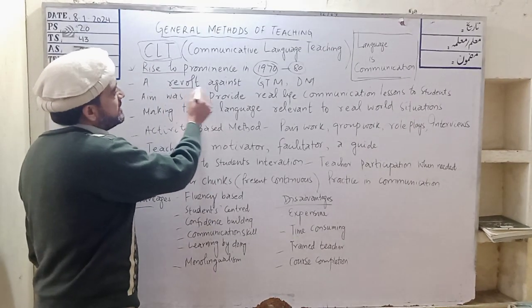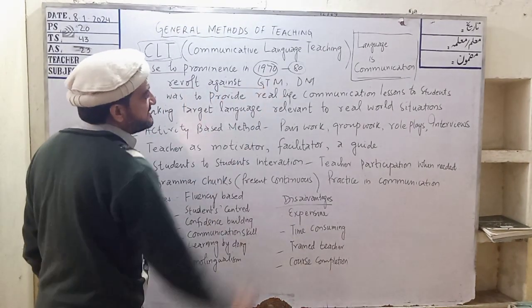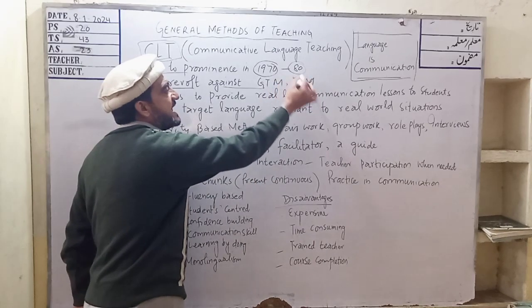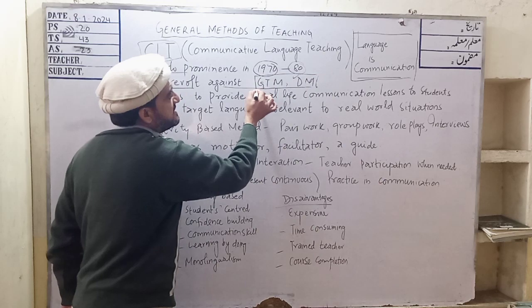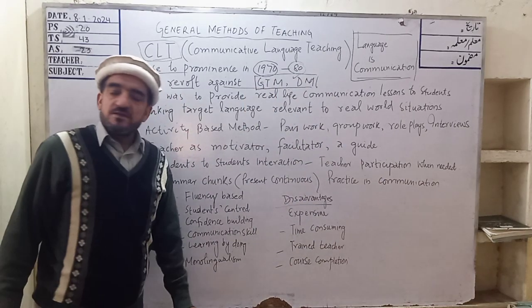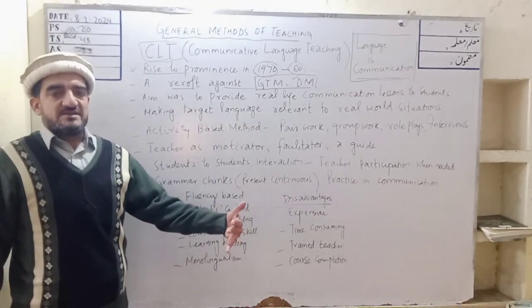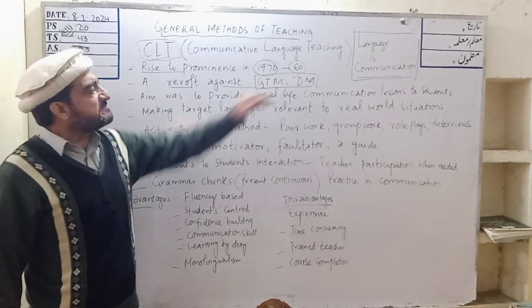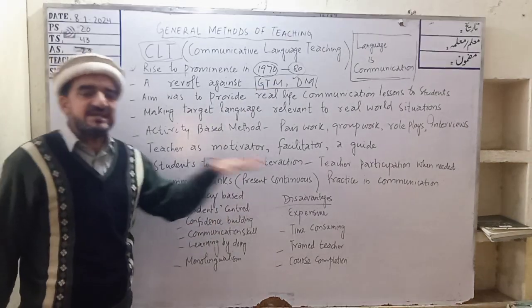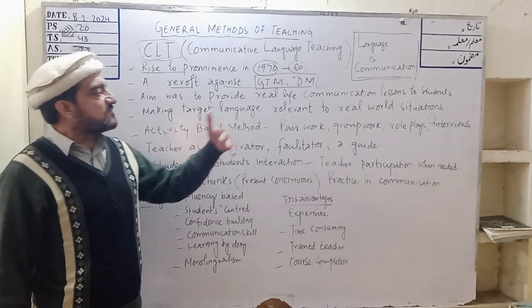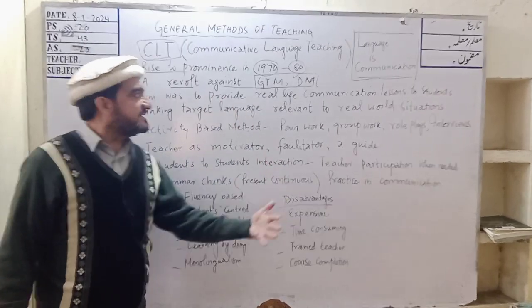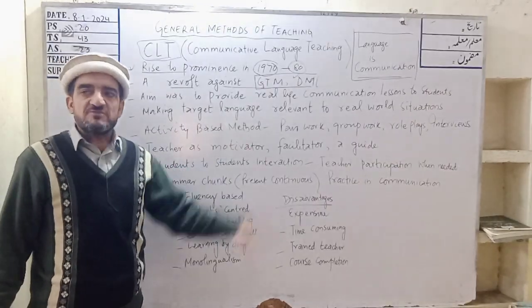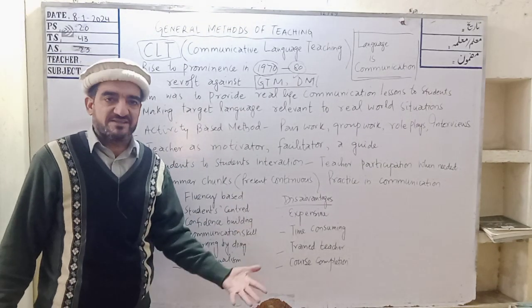It was a revolt against the grammar translation method and the direct method, because these methods were totally teacher-centered. Teacher was a dictator. Teacher was doing all the activities. The students were only passive learners.